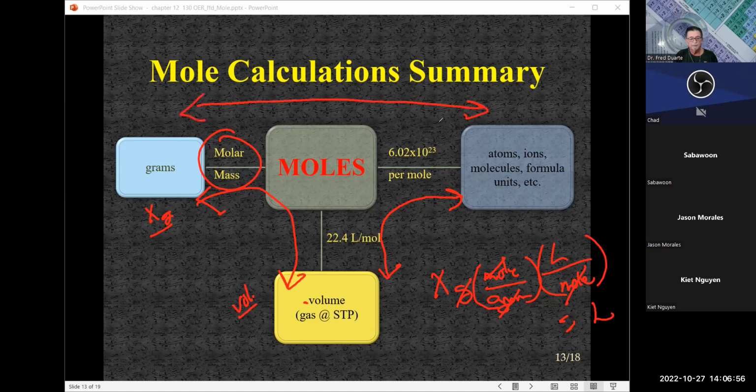I can go from grams to molecules or atoms or formula units or what have you. Okay. Or I can go to the yellow part in both directions. Regardless of which part I'm at, I can only do it when I am converting everything to moles. So keep that in mind. Moles is my common factor that connects me from point A to point B.